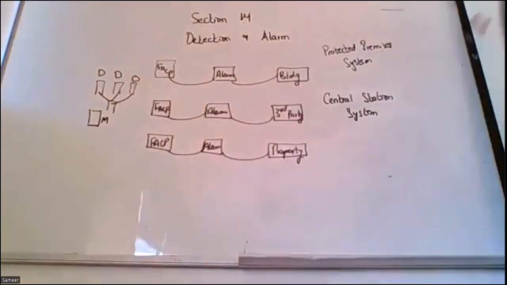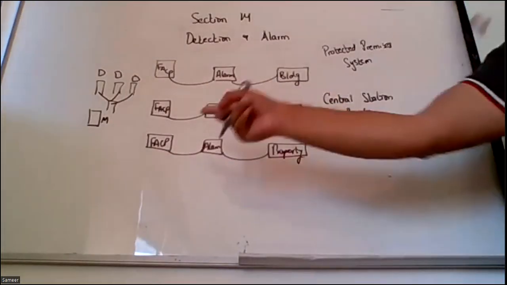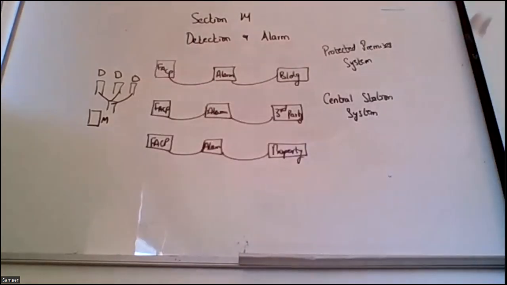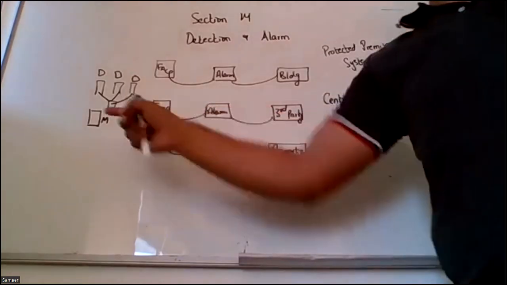Anything that happens in A, B, or C, what will happen? The alarm will appear on the master control panel in D. So it is being monitored by the same property owner, meaning that all the buildings belong to the same property owner, and he is monitoring the alarms directly.